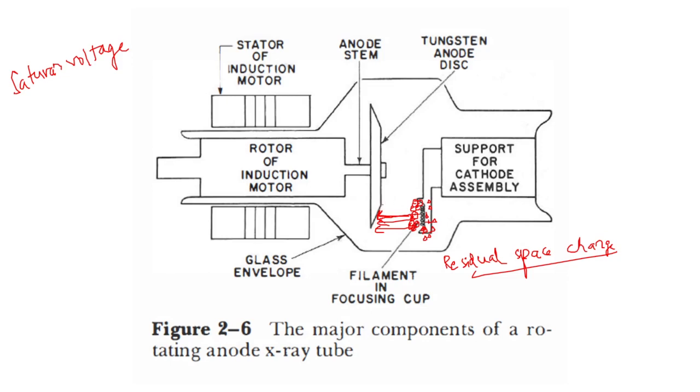That is called saturation voltage. Beyond that saturation voltage, even if you increase the kVp further, there is no influence on the current flowing through the X-ray tube. So that is called saturation voltage.